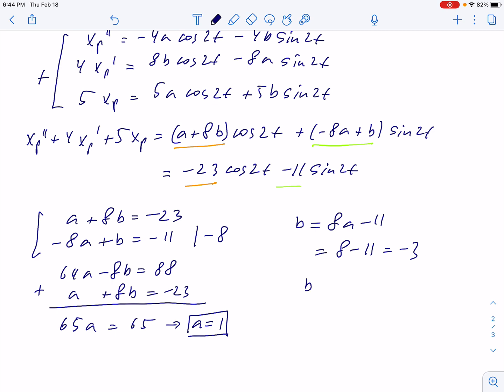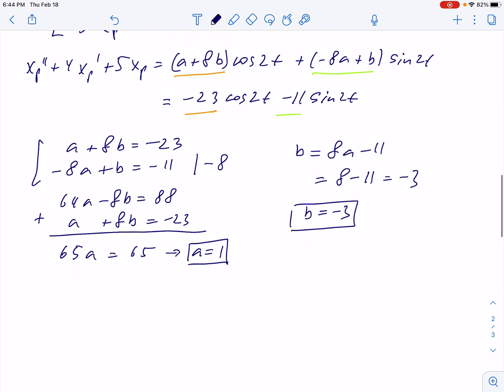So here we have b equals negative 3. After finding these two numbers, I can now write my particular solution. The particular solution will be cosine 2t minus 3 times sine 2t.